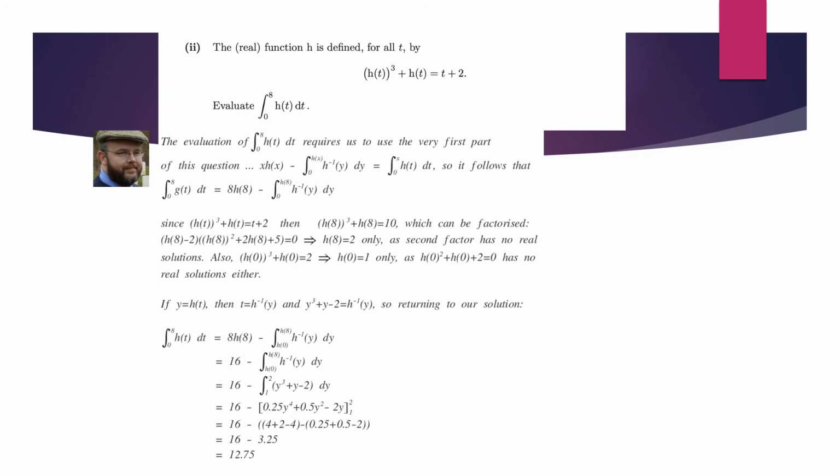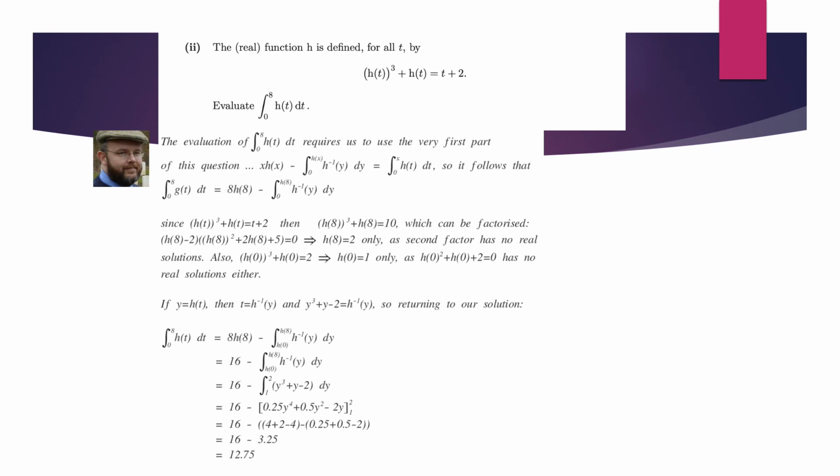We need to work out the inverse of h now, don't we? So if we say that y is equal to h of t, then if I find the inverse, t is the inverse of y, and we know that y cubed plus y minus 2 is equal to that inverse. So returning to our solution, here we go. We just need to stick in the figures now, and I've corrected my initial error. That's good. Okay, so I've got 8, h of 8.